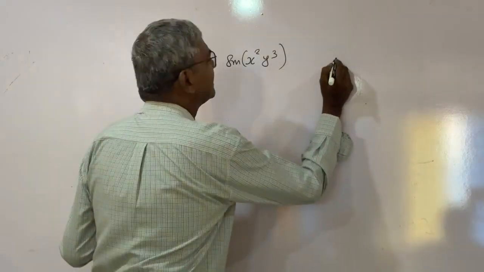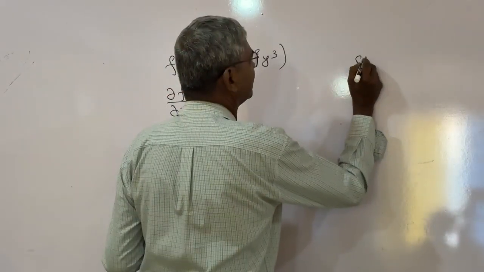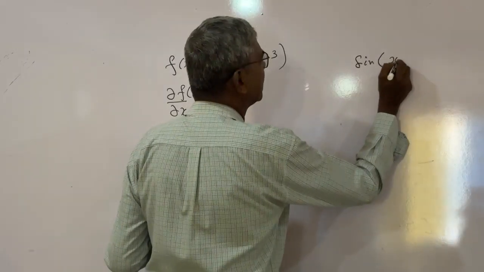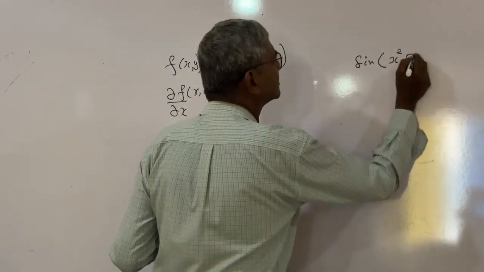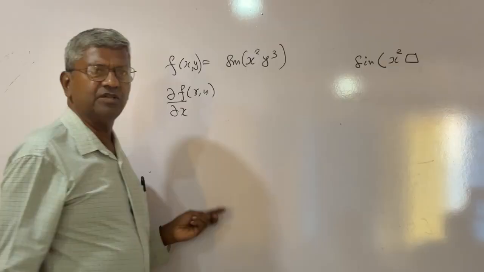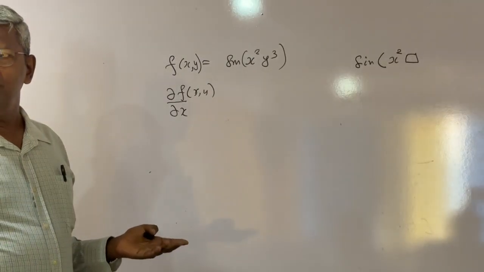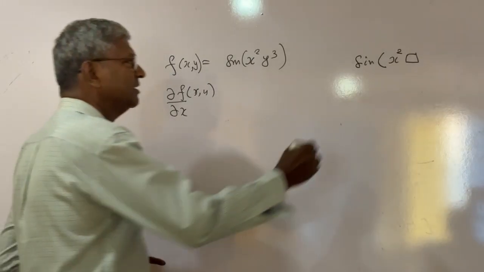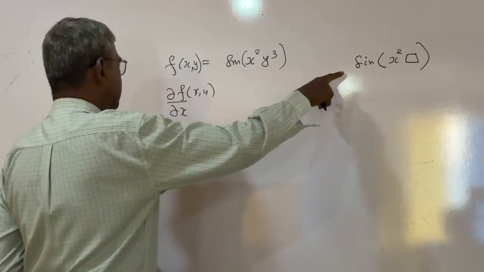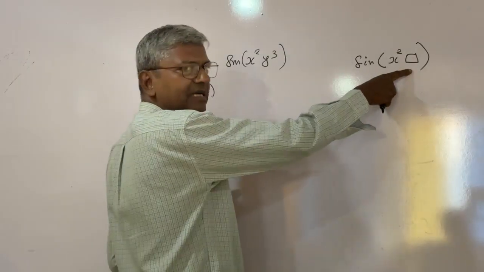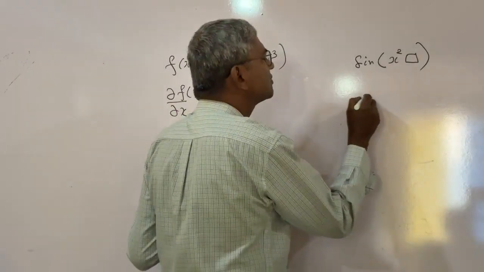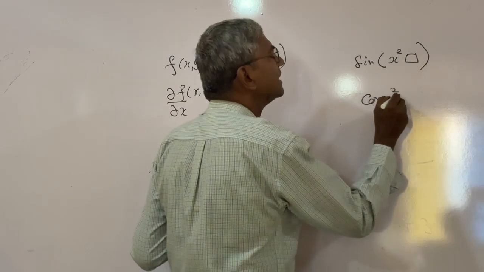So when you are doing this, you can say y cubed is a constant. So if you want to differentiate this with respect to x, you get cos of x squared y cubed.